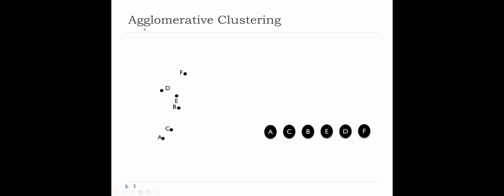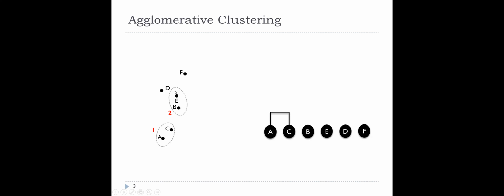Now let's discuss the bottom up, the agglomerative clustering. Each one of them is a cluster, but you see these two are very close to each other. So you try to merge those clusters. A and C are the first to merge because they are very close. Then you treat them as one group and calculate the centroid or a different kind of linkage function.